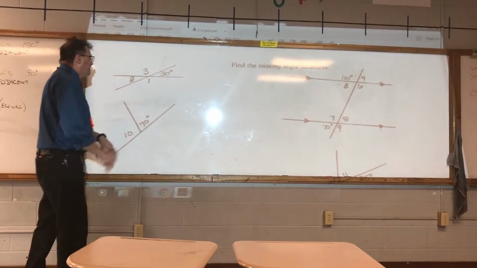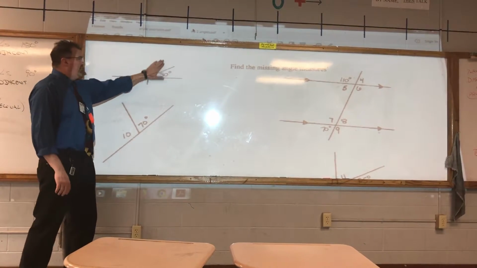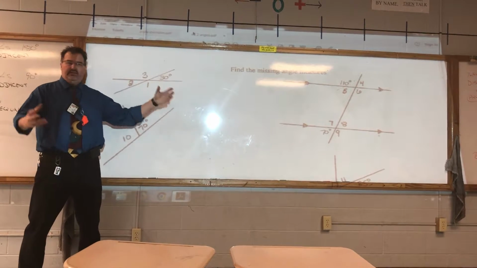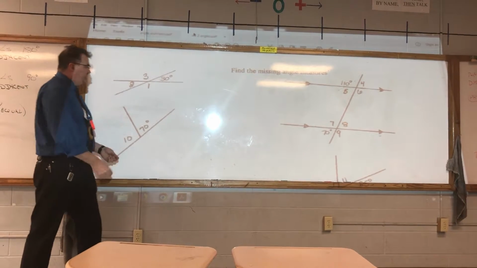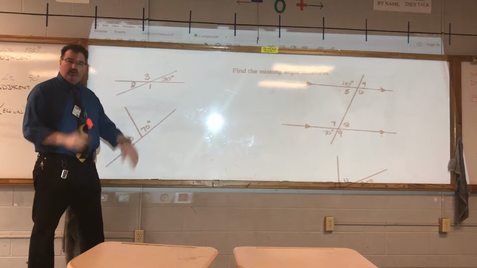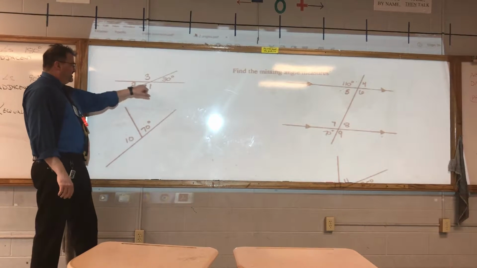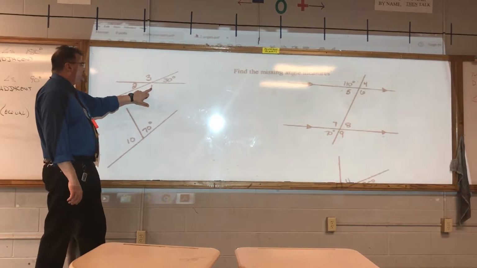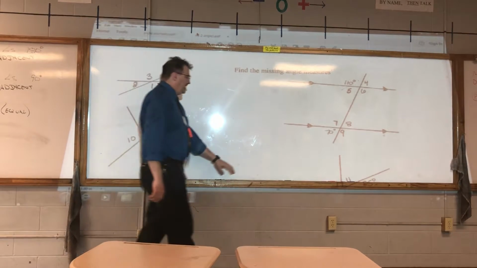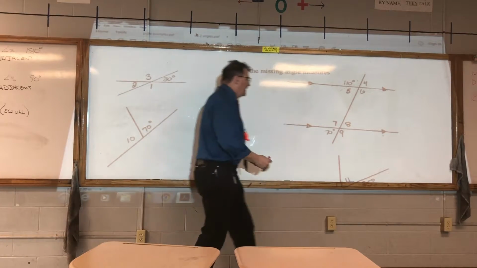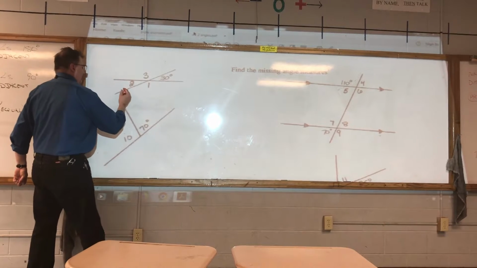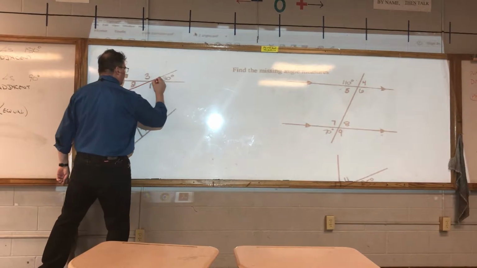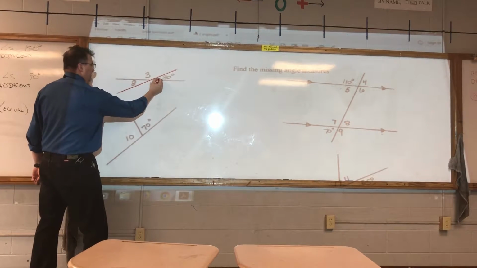So let's get started. The only angle measurement I know right here is 30 degrees, and that's where I'm going to start. I'm going to go in numerical order. So what do I know about angle 1's measurement? Well, I know that angle 1 forms a straight line with 30 degrees.